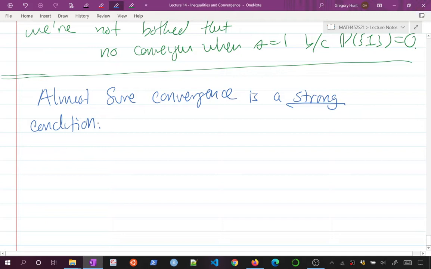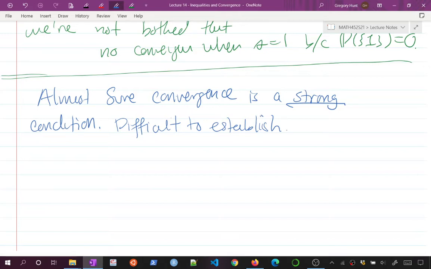It's a pretty strong condition to require that something converges almost surely, because it basically has to converge for every point except for some tiny, tiny little set, right? So it's generally difficult to establish. And many sequences of random variables don't converge almost surely, because it's a really strong condition.